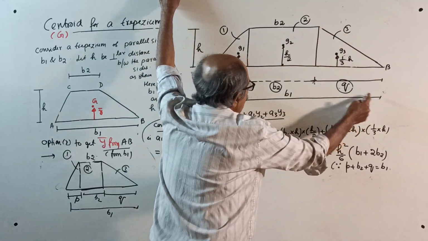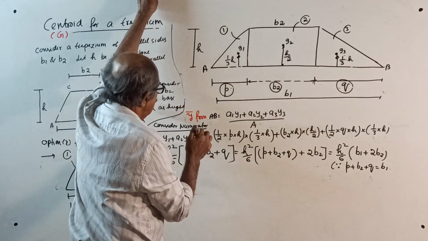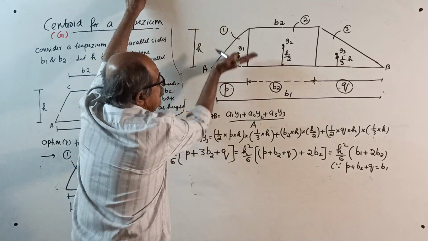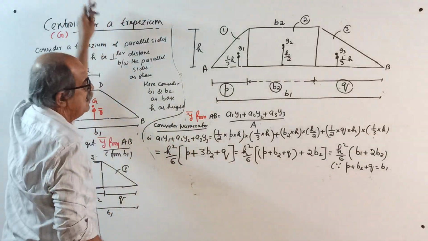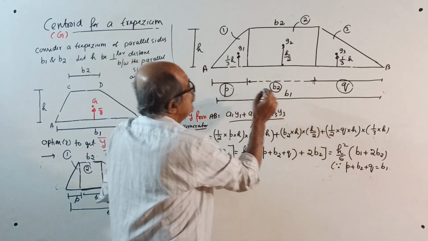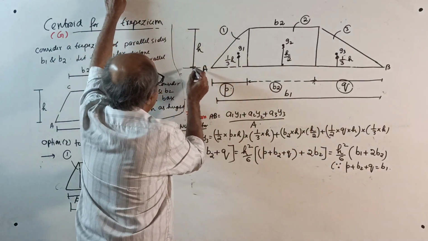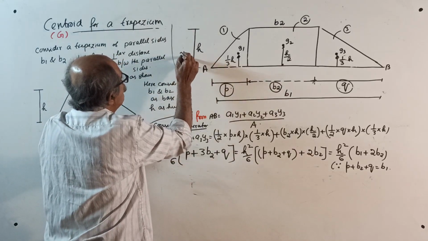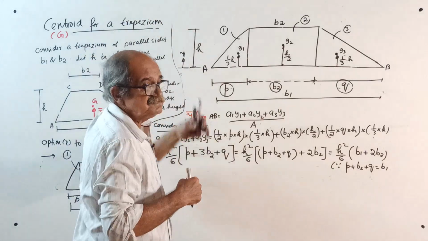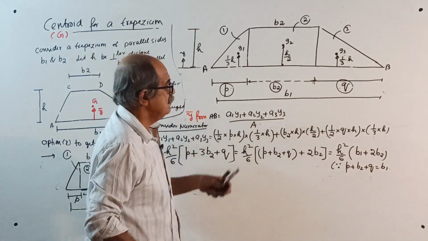This is Q. Full is B1. Okay, H. Then y bar from AB. See, because you are doing y bar this way equal to A. Now your y should be, when you take y bar from AB this way, your y should go this way. This way y. Sorry. A1, Y1.